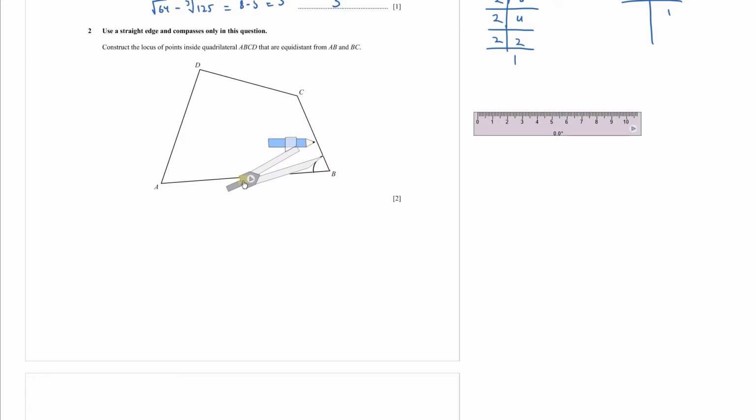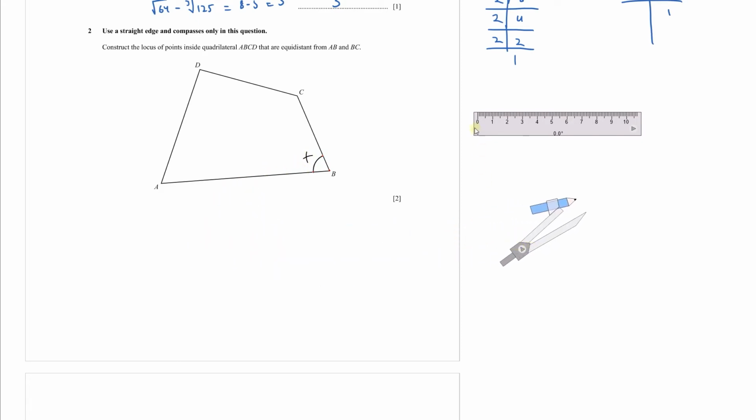So I'll first place it at this point where the arc intersects the line BC, and then I will draw another arc here like this, and now I will place it on the other point where the arc intersects the line AB, and then draw another arc like this.